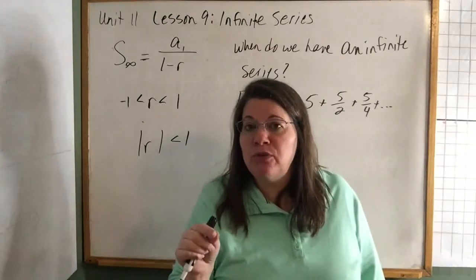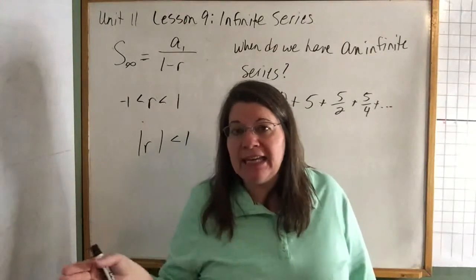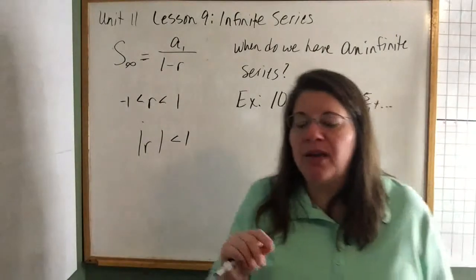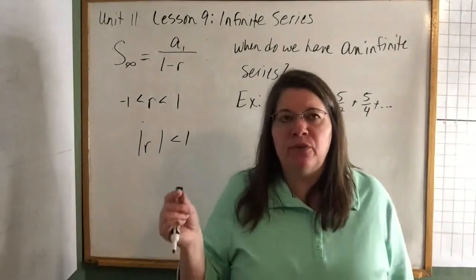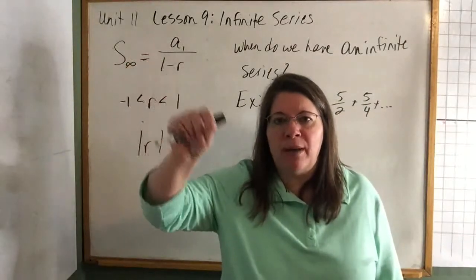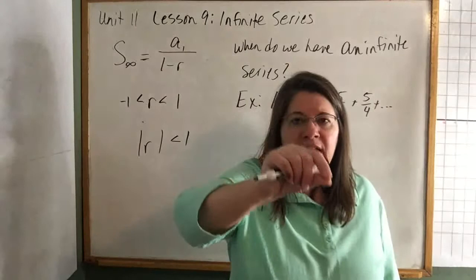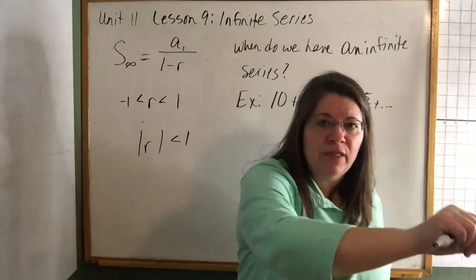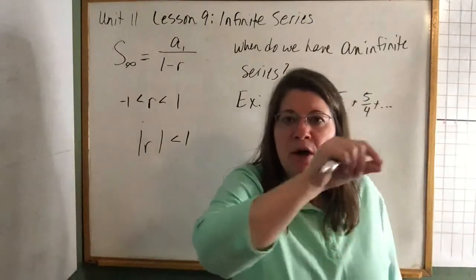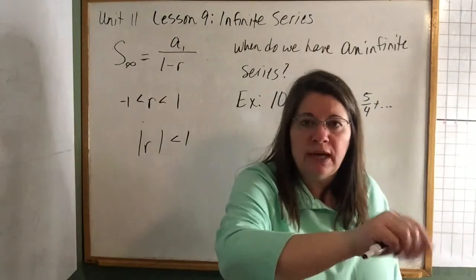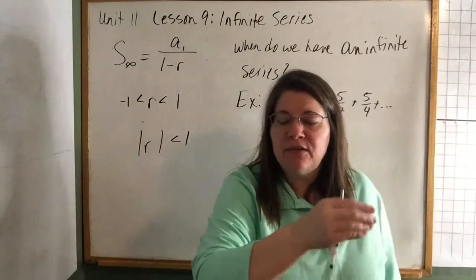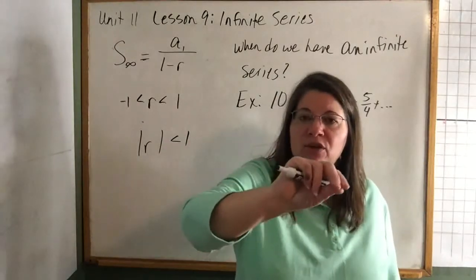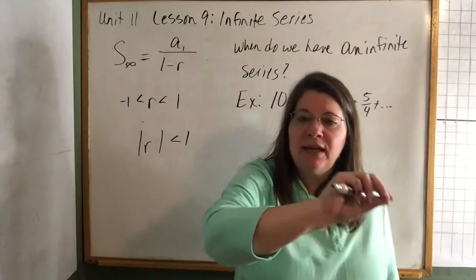If it continues to move forever, then we can't get a sum for the motion of whatever it is that's happening. Another example of this would be if you have a ball and it drops to the ground and it goes up a certain percentage of the original fall or the last fall that it made, eventually, isn't that ball going to stop and just roll and come to a complete stop? So something that has a definite pattern, but then eventually will come to a stop, is infinite.